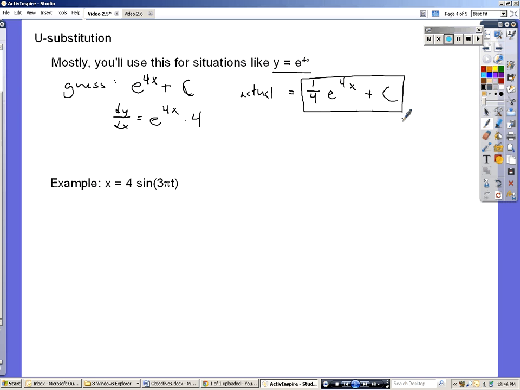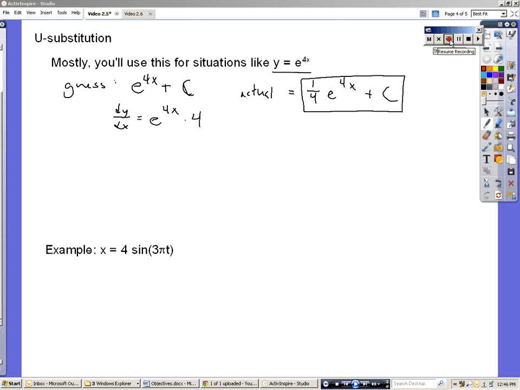But what we're going to do as a way to make this a little easier to remember, we're going to substitute another function instead of the 4x.